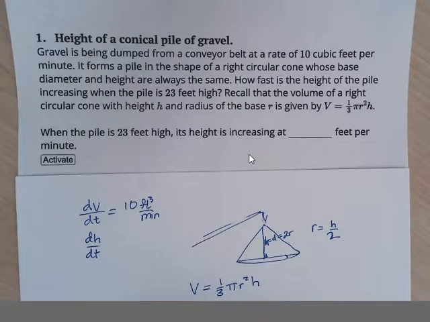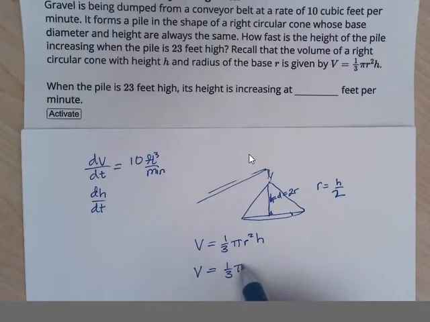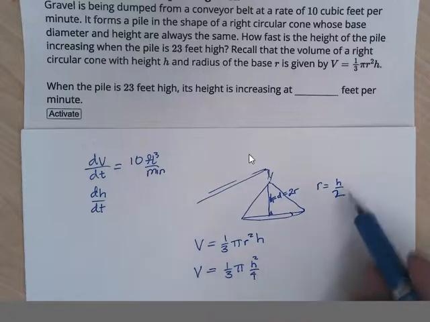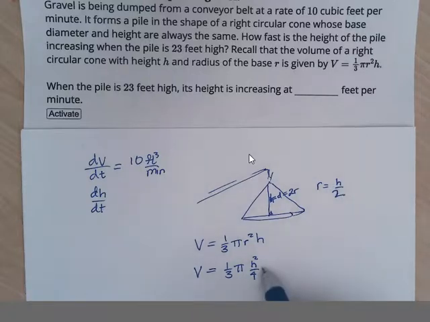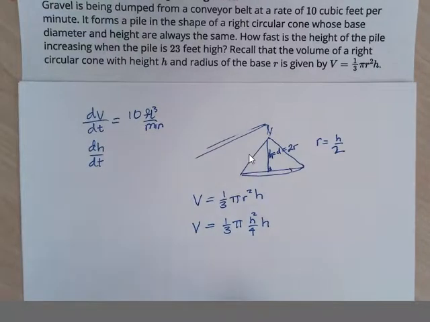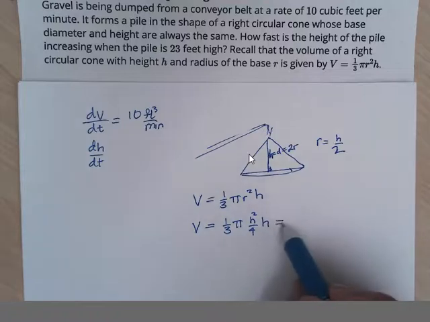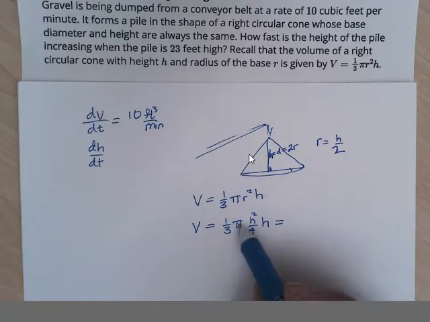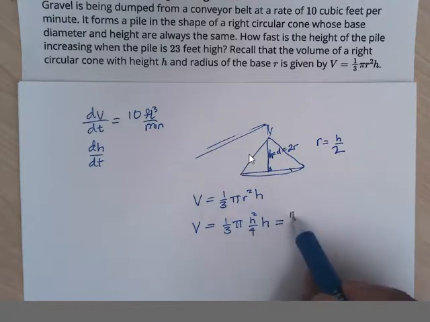Then we end up with pi h squared over 4, squaring the radius, times the height. Now we have a function that relates volume to the height. Let's simplify this a little bit. So this would be pi over 12 h cubed.